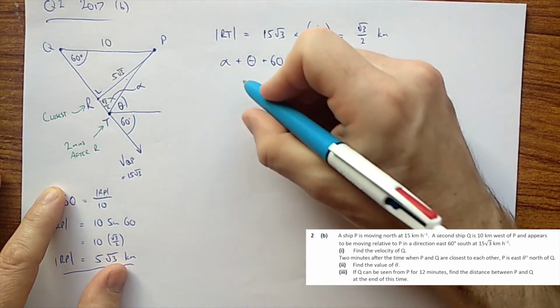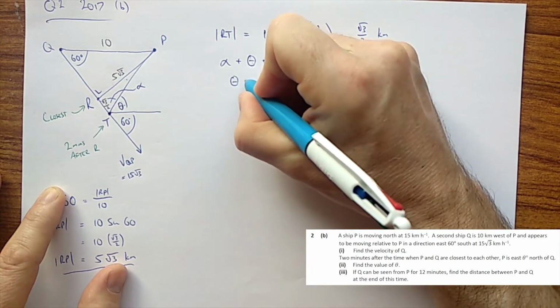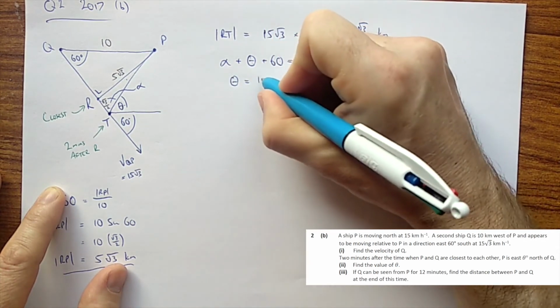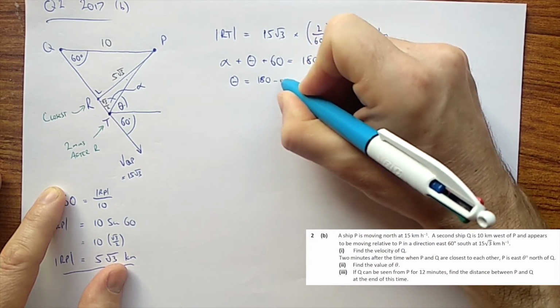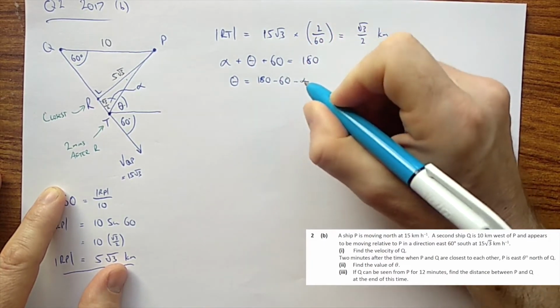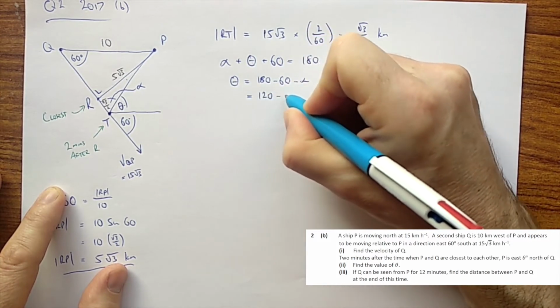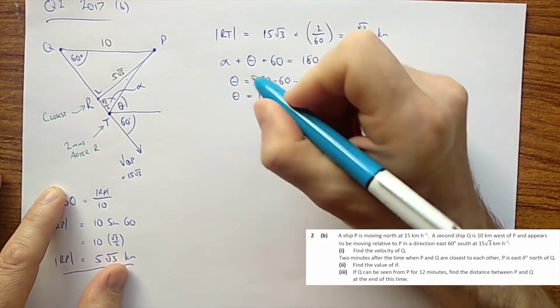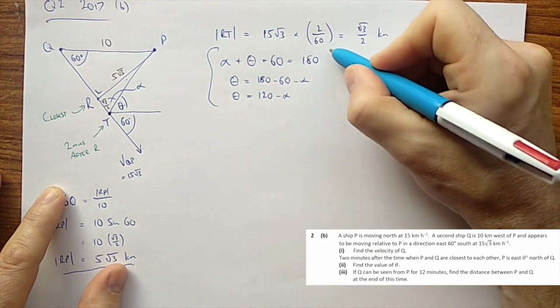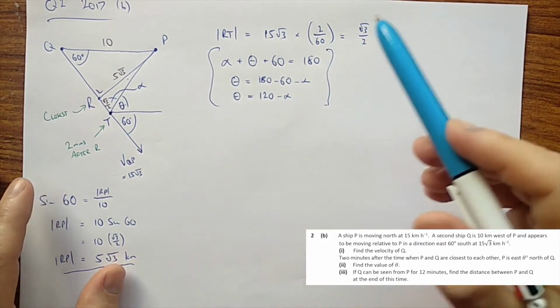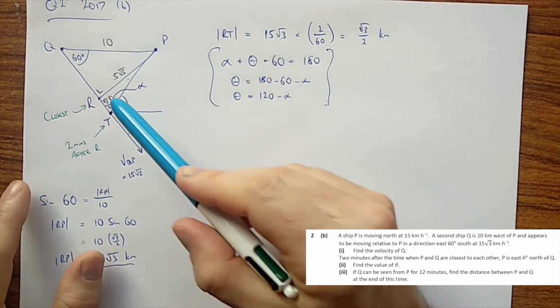So we're looking for theta. Theta is going to be 180 minus 60 minus alpha, which of course is 120 minus alpha. All right, so that's what we're going to aim to do. So now our whole problem has broken down to finding this little angle.